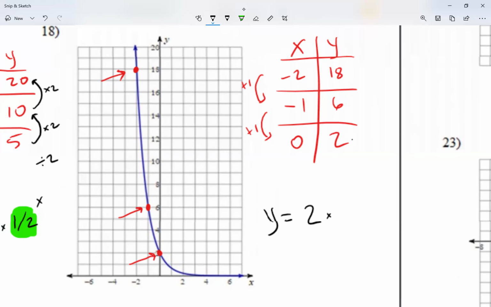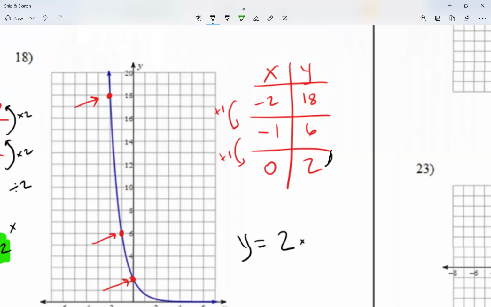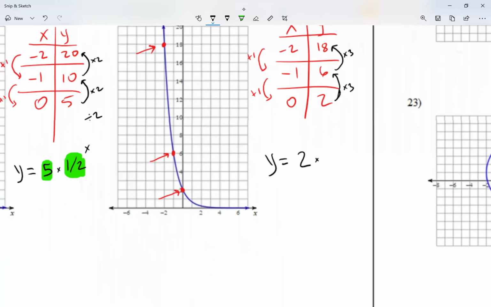Starting at an initial value, going up for 2 to become 6, I multiply by 3. For 6 to become 18, I multiply by 3. But my multiplier is not going up, it is going down. Oh, so what's the opposite of multiplying by 3? Let me see this right here. I'm going to write this at the bottom.